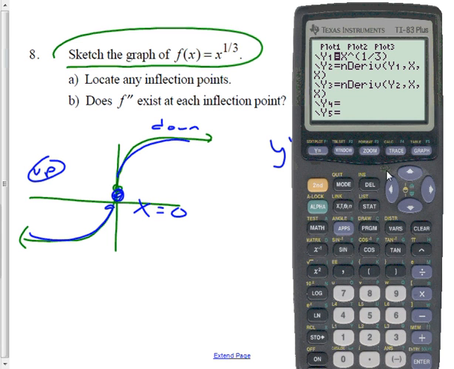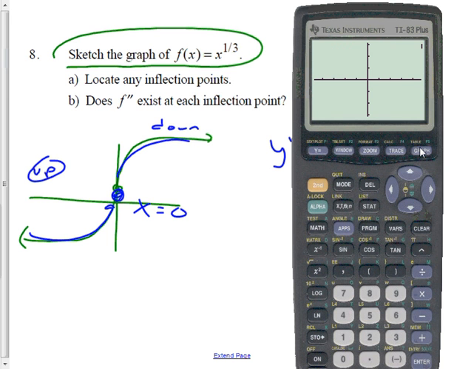If we actually look at the second derivative, because we're investigating points of inflection, let's turn this function off, turn this on, and graph it. What we find is that at x equals 0, my second derivative actually doesn't exist. So here's a sketch of my second derivative.